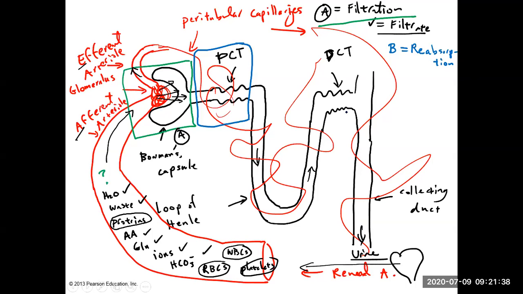We're going to see what is happening in there. So let's get to it. We're going to dive inside of the proximal convoluted tubule and understand what is going on and try to make sense of it. I'm going to take this one and show you on the next slide what is happening in the PCT.